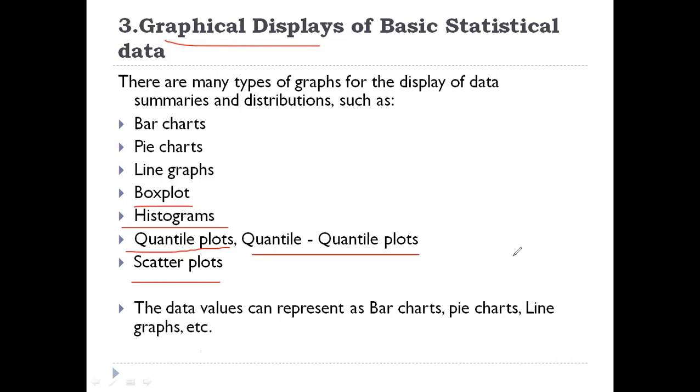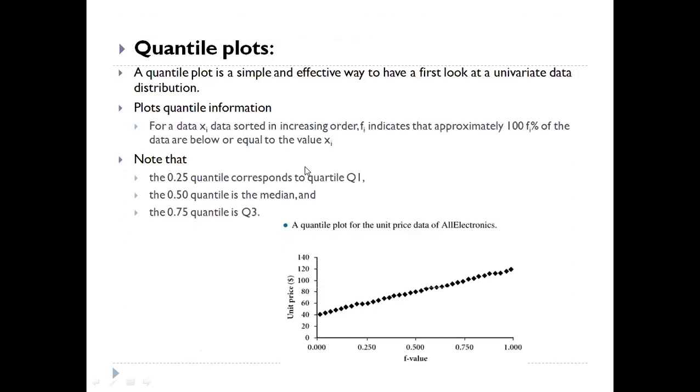Okay, so let us see the new ones. How we can represent histograms and quantile plots, as well as scatter plots. Okay, coming to this slide, here we have the quantile plot representation.